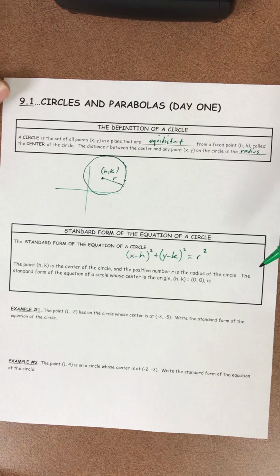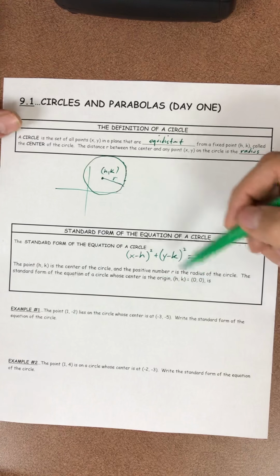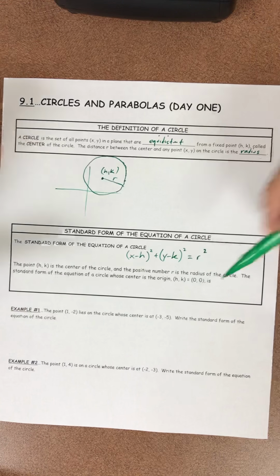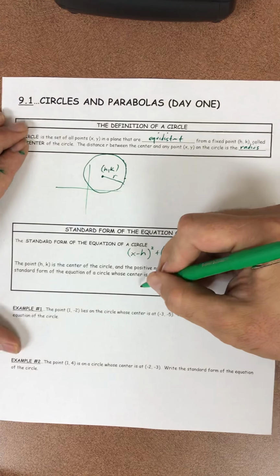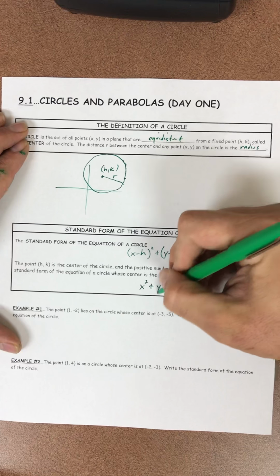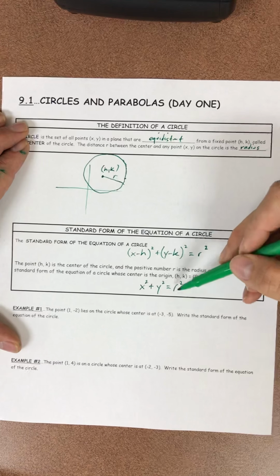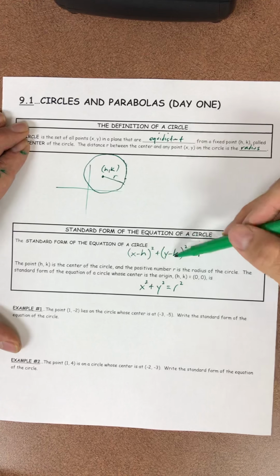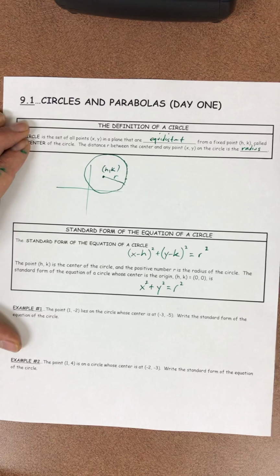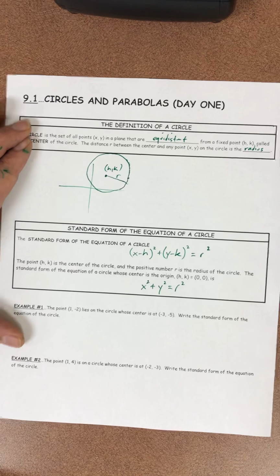The standard form of the equation of a circle whose center is at the origin is simply x squared plus y squared is equal to r squared. So this one's at the origin, and this one is anywhere that is moved away from the origin.